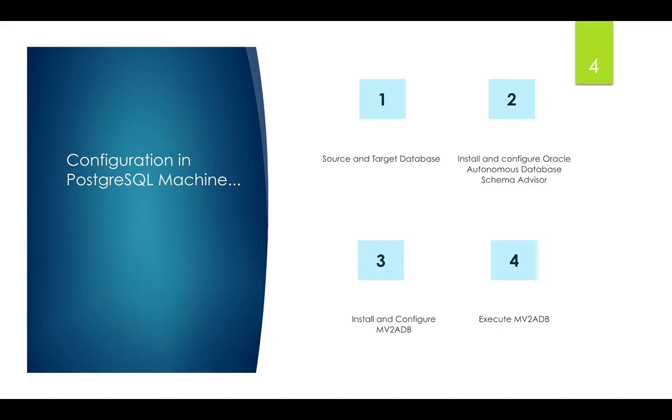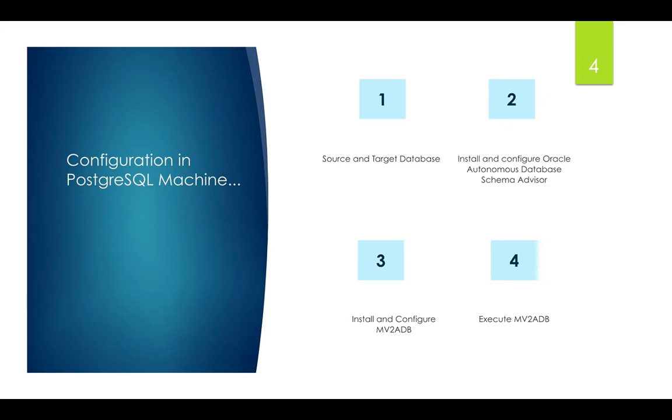The first step is the source and target database. Our source database is an on-prem Oracle database. In our case, it is the Oracle database running in the compute instance. Our target database will definitely be an Oracle Autonomous Database.